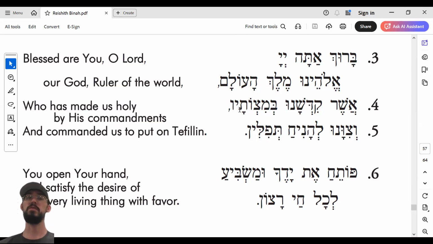But because it's a kamatz, and there's nothing underneath here, we're just going to continue as is, kind of ignoring the yud there. So the way to read it would be bemitzvotav. Bemitzvotav.